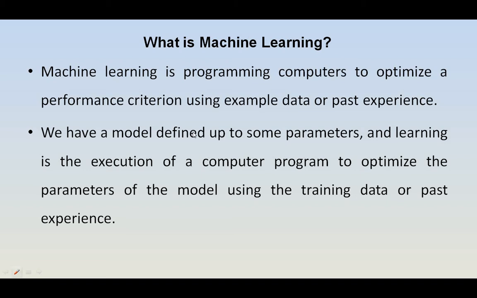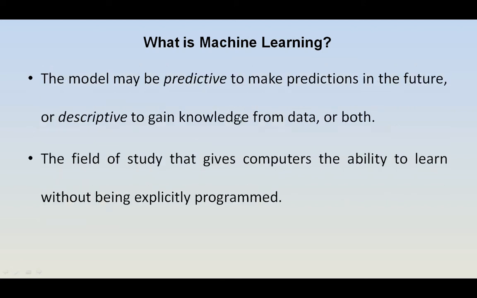The first definition says, more elaborately, that optimizing the performance criterion is done by using a set of parameters and by learning from past experiences or past training data. So to optimize the performance, we have to optimize the parameters by learning from the past experiences or the past training data. That's the definition it is showing.